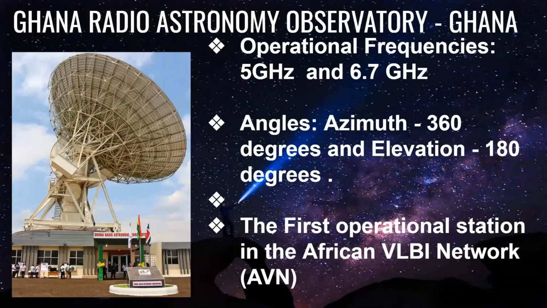A few more facts about the Ghana Radio Astronomy Observatory. It operates at a frequency of 5 gigahertz to 6.7 gigahertz. Another important thing is the angles of this telescope. In azimuth, it turns clockwise 360 degrees.